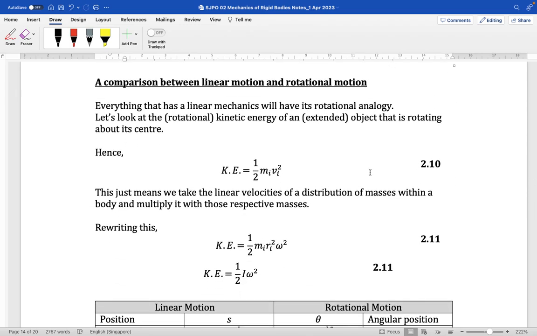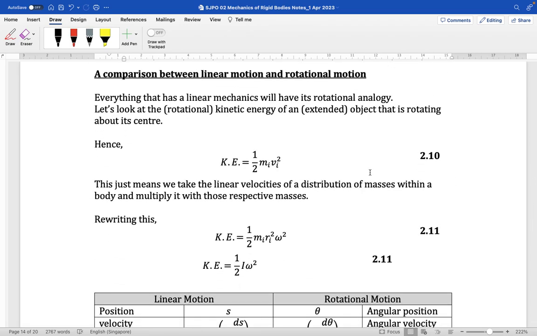And we will also be talking about a comparison between linear motion, which you will be familiar with in your O-level physics, and rotational motion, which is necessary for the Olympiad, as well as in your further education post-secondary school, where you will also be looking into some of these concepts in rotational motion.